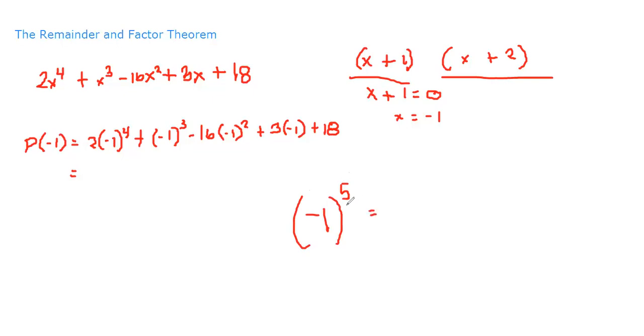This one, negative 1 raised to 5, that is negative 1. Negative 1 raised to 4, that is positive 1. Sana makuha natin yung pattern. Negative 1 raised to 3, that is negative 1. Okay. Negative 1 raised to 6, that is positive 1.